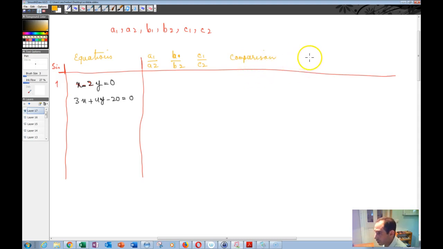And then we had the graph, the way that the graph showed itself, and the algebraic way of representation.